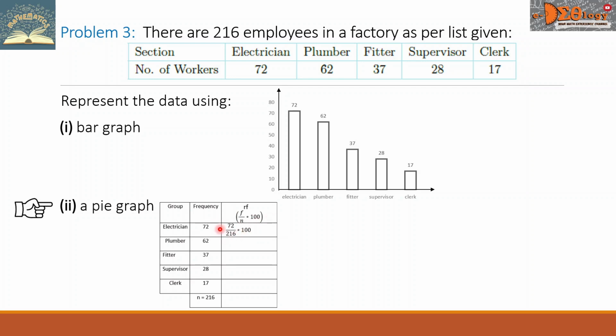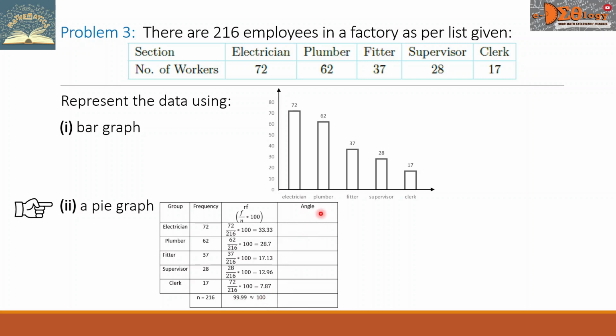So 72 over 216 times 100, that is 33.33%. 62 over 216 times 100 equals 28.7. So on and so forth. The total here must be 100, or in this case 99.99, and this is equivalent to 100.